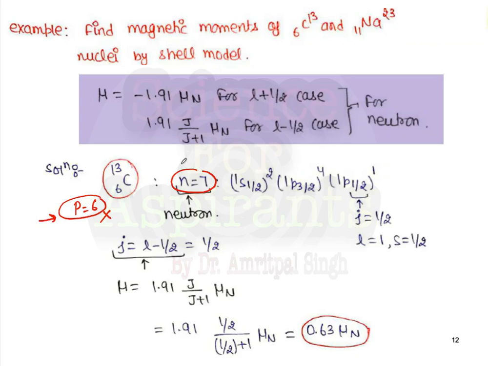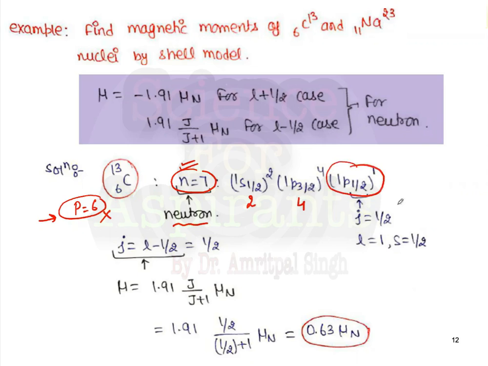The particle participating in the magnetic moment is the last unpaired neutron. Using the shell model, which I explained in previous lectures, the first 2 nucleons will be in 1s1/2, then 4 nucleons in 1p3/2, and the last neutron in 1p1/2 orbital.